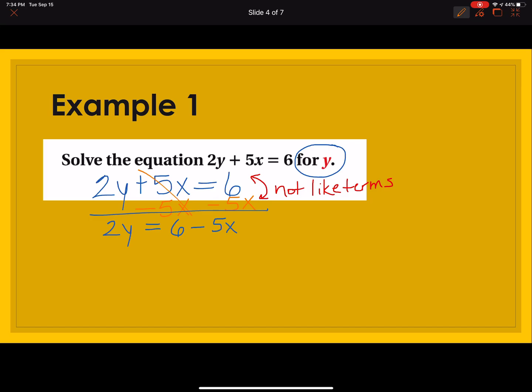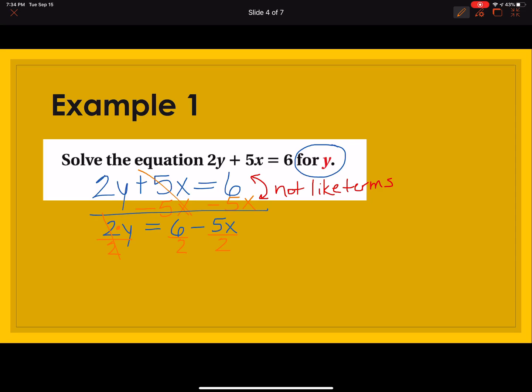We want to get y by itself, so there's multiplication going on between the 2 and the y. We're going to reverse that with the division property of equality and divide by 2. Now when we come to the right side, we have 2 terms on this side. We have to divide both terms by 2.